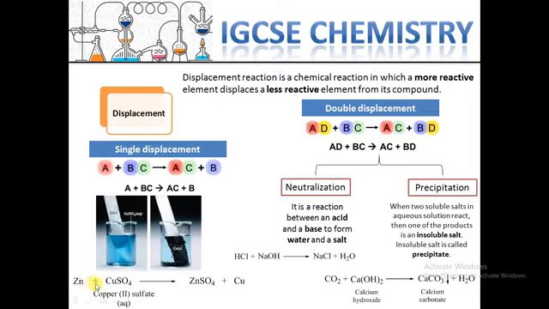One example of this type of reaction: zinc has more reactivity compared to copper. So after the reaction, zinc replaces copper, and finally we have zinc sulfate.